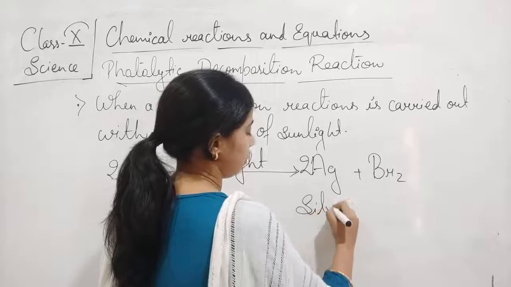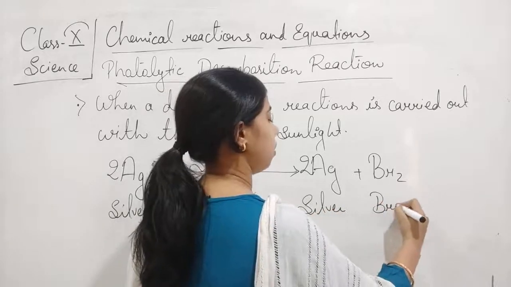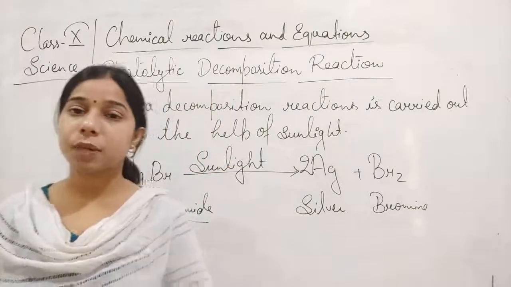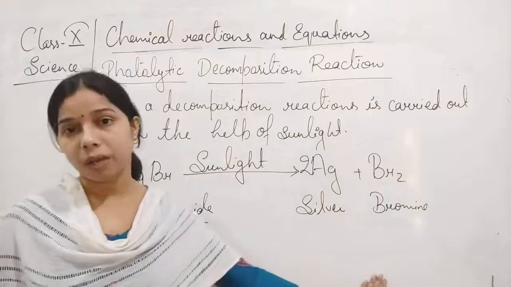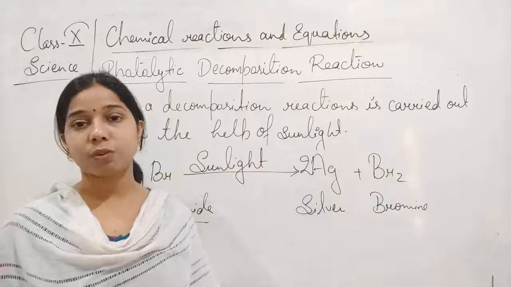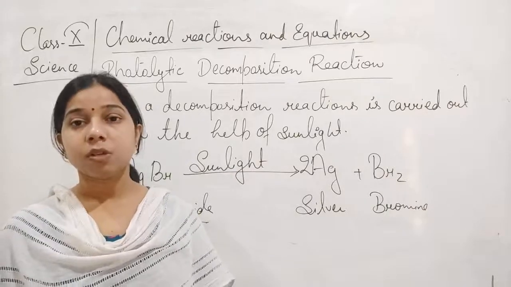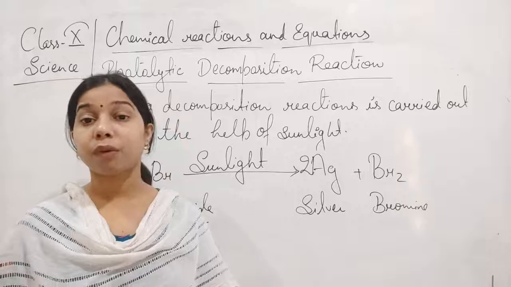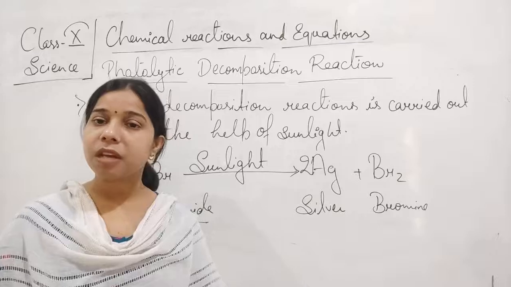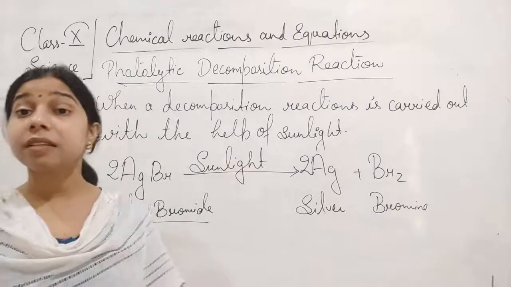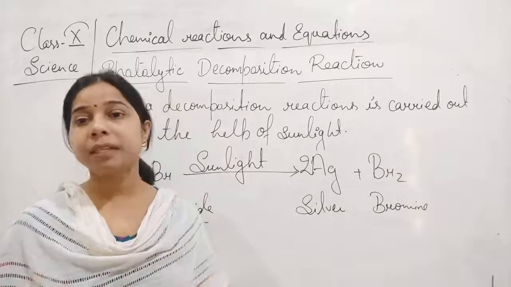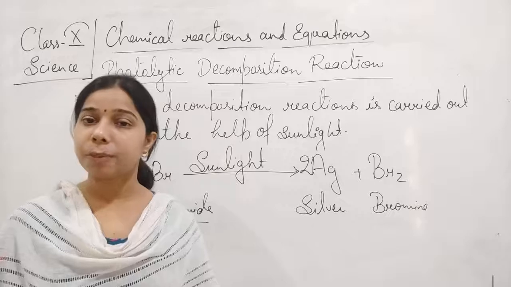Here it is silver, and bromine is in liquid state, that's why I am writing bromine or bromine water. This reaction is the same as that of silver chloride, so this is an example of a photolytic decomposition reaction. It occurs in the presence of sunlight only, meaning the photons are responsible for carrying out the decomposition reaction.